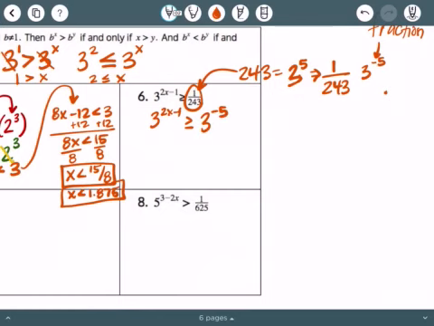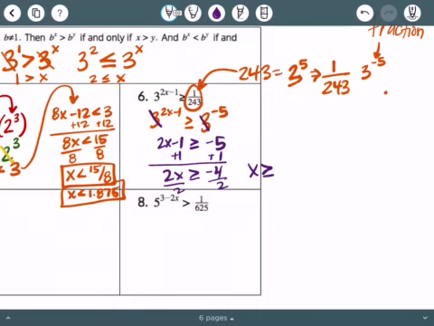Then we can cancel out our 3's. We're left with 2x minus 1 is greater than or equal to negative 5. I'm going to add 1 on both sides. 2x is greater than or equal to negative 4. Divide by 2. X is greater than or equal to negative 2. That would be my answer there.